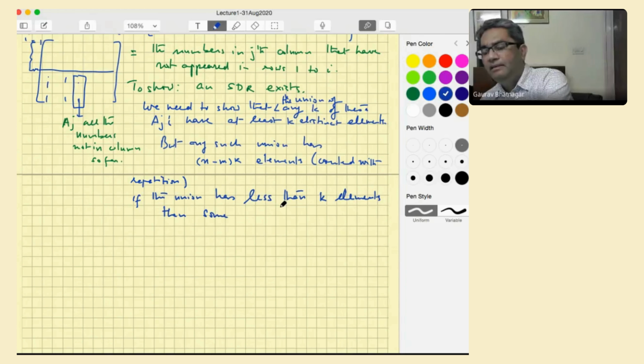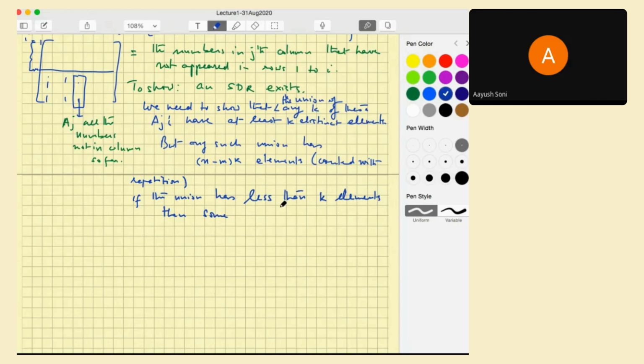Say that again: if the union has less than k elements, then in one of the first m rows, some number must have occurred twice in the same column.